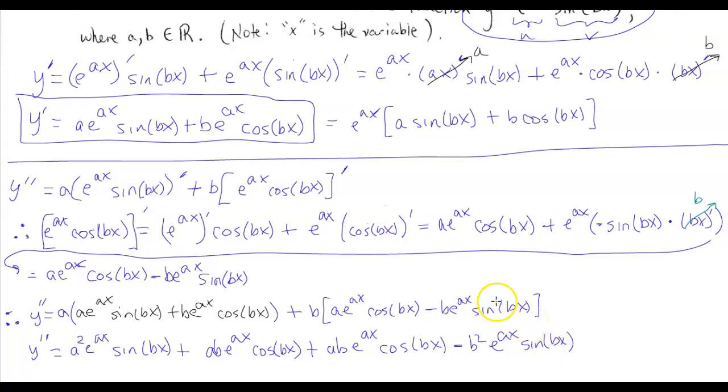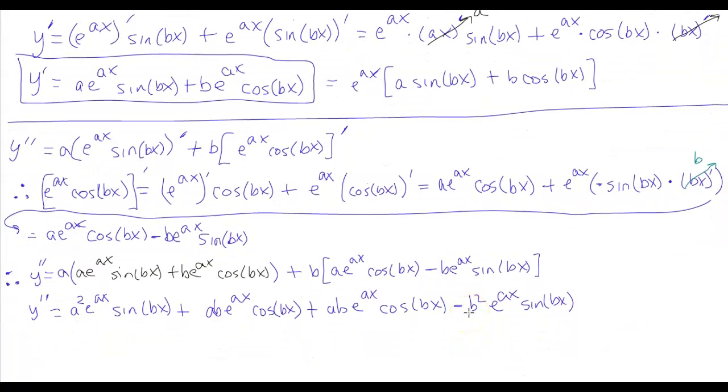All right. And so now that we have that, notice that these two terms here are like terms, so we can combine those together. And notice that these two terms here are like terms as well. So our final answer here, if we combine these two terms, will just be a squared minus b squared, all that times e raised to the ax sine of bx.